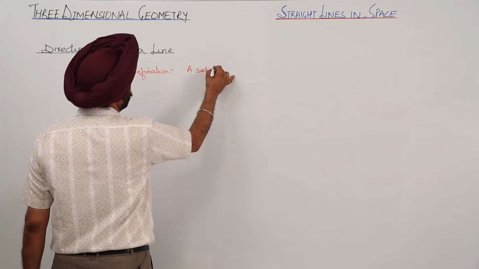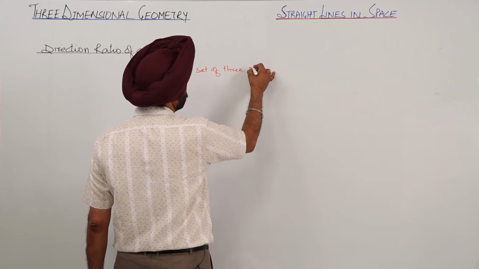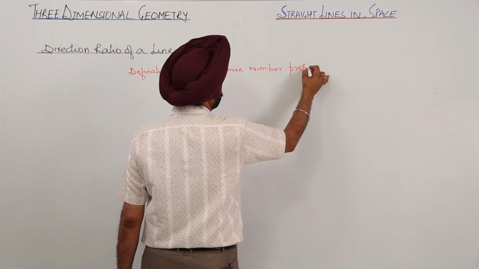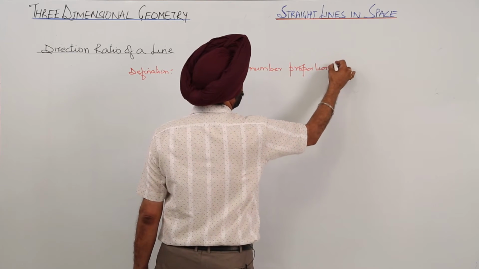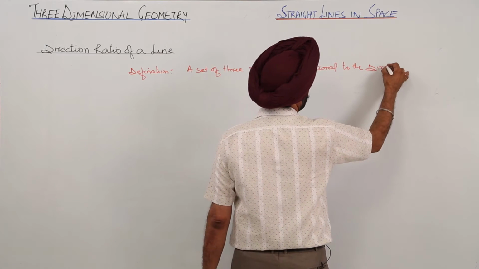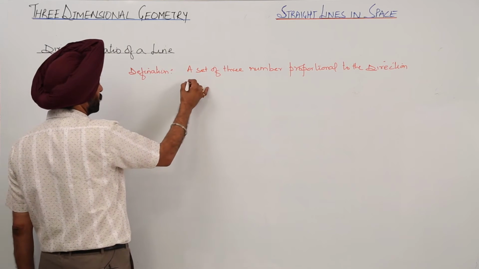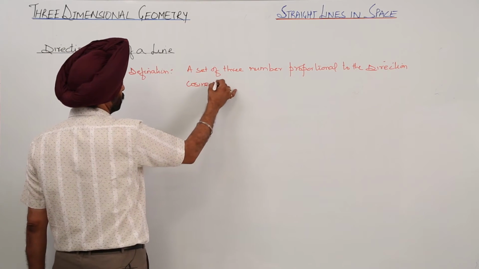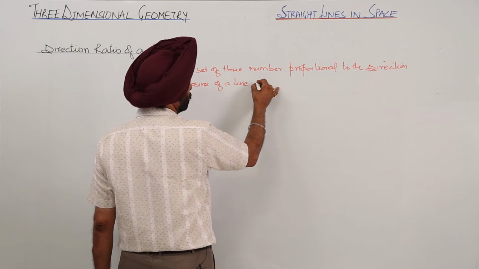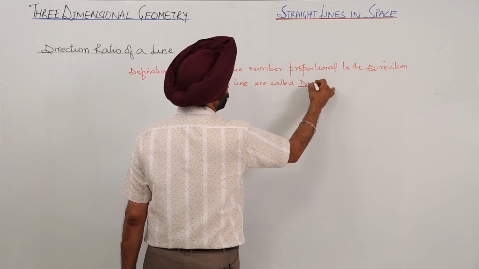A set of three numbers proportional to the direction cosines of a line are called direction ratios.